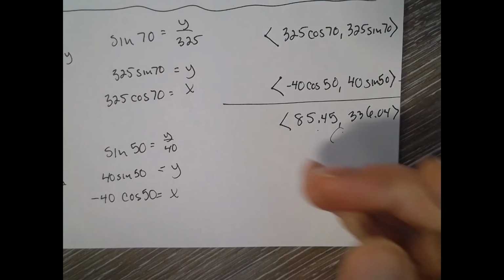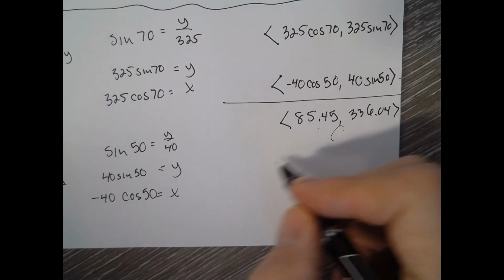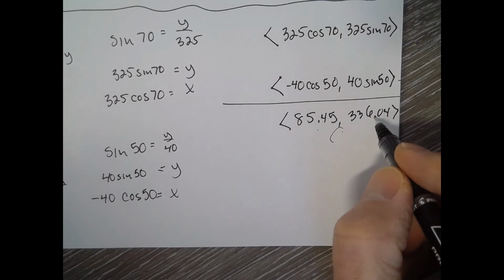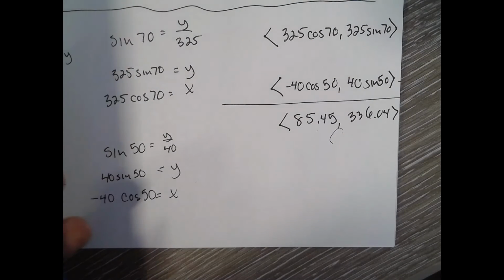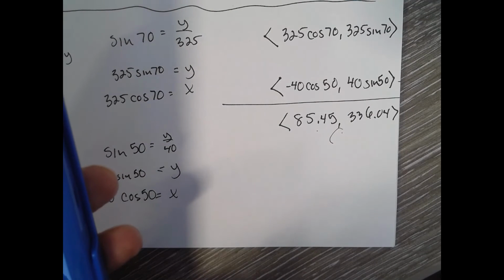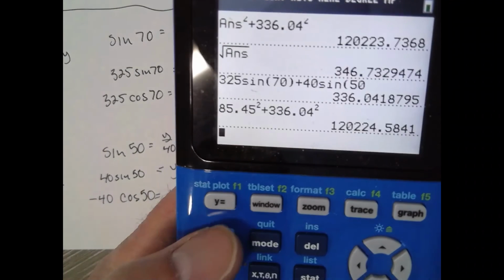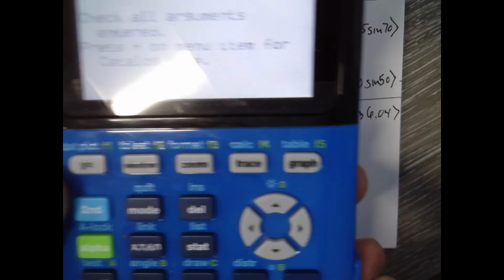But if you want to know its magnitude, you use the Pythagorean theorem. So that squared plus that squared, 85.45 squared plus 336.04 squared equals, and then the square root. We get a syntax error. Nice.